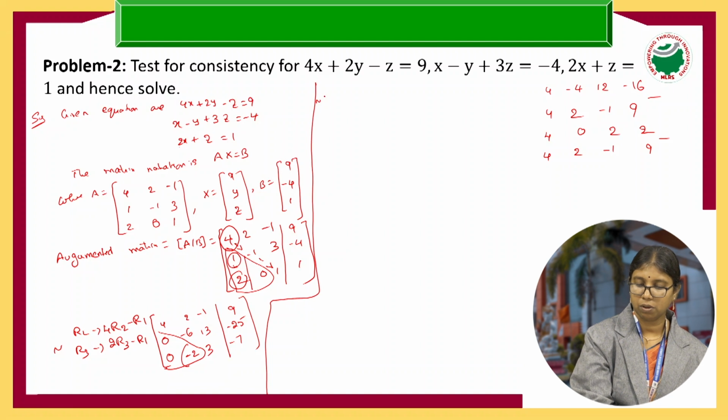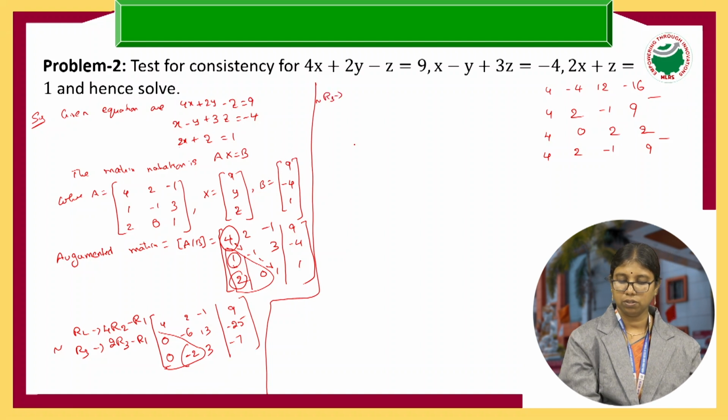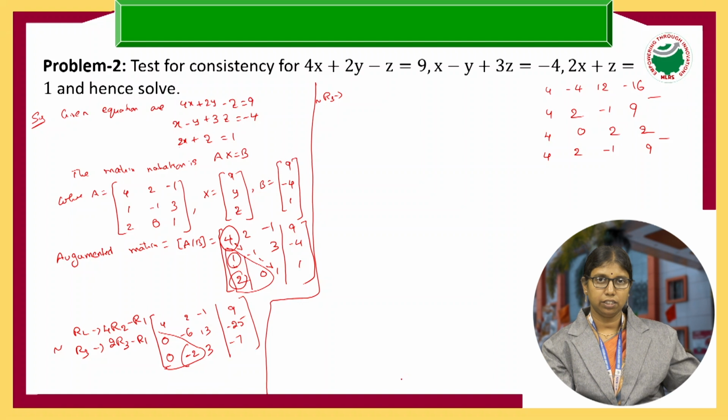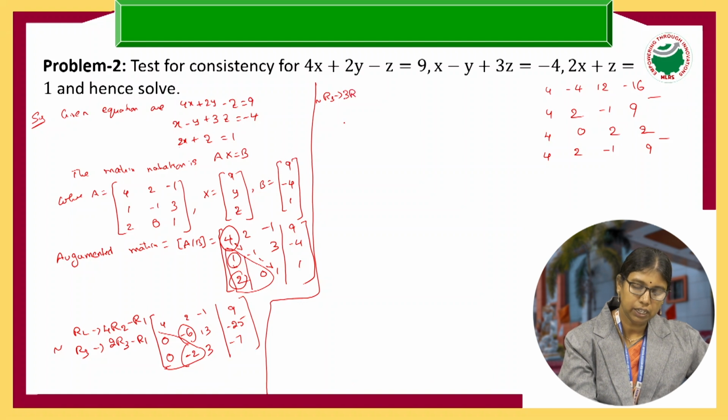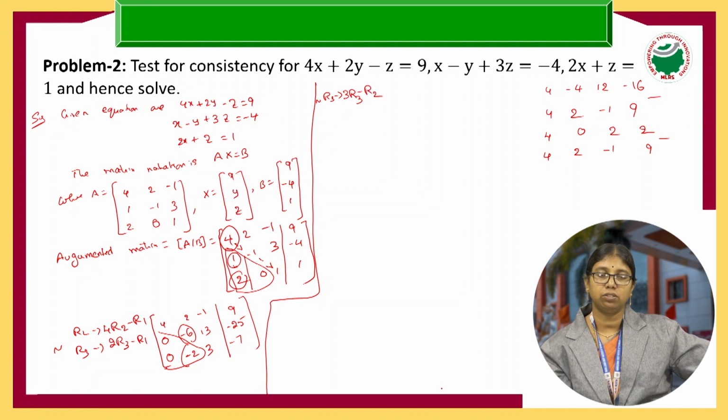So again your row operation is for R3. By using R2 only, you can convert R3 to 0. The corresponding value in R2 is minus 6. So if you multiply the third row with 3 and subtract from the second row, then you will get the third row value to 0.